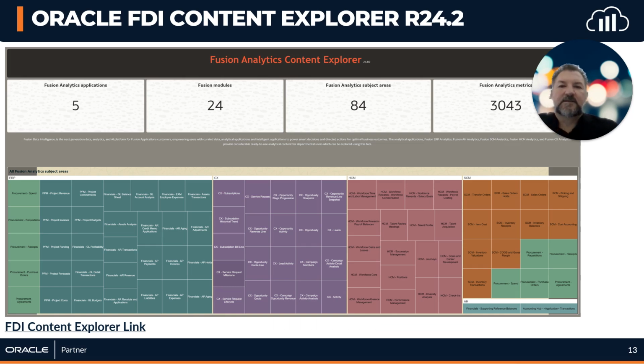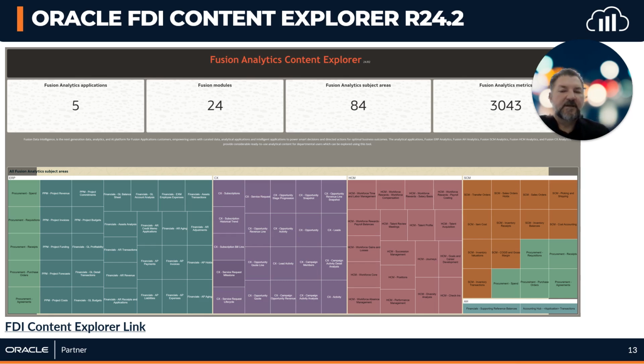Looking at the delivered content, Oracle's done a great job of producing this Content Explorer feature, which allows you to look through and examine all of the delivered content for FDI. As of today, there are 5 application areas, 24 modules, 84 subject areas, and over 3,000 metrics.